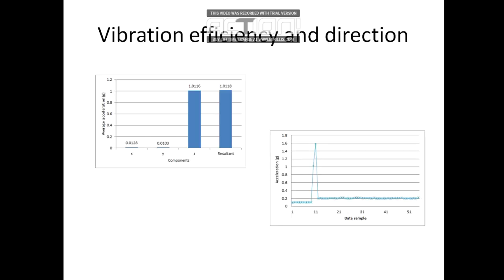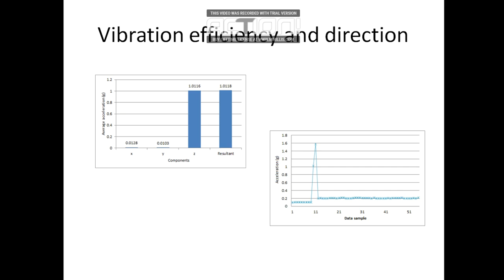As a result, we can see that the vibration sensor MPU 6050 has three components of vibration: x-axis, y-axis, and z-axis.